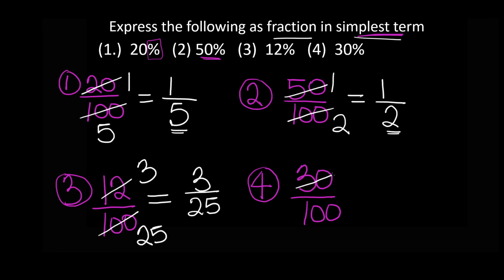So 10 in 30, that is 3. 10 in 100, that is 10. And the final answer is going to be 3 over 10 because no other number can divide this. Okay?